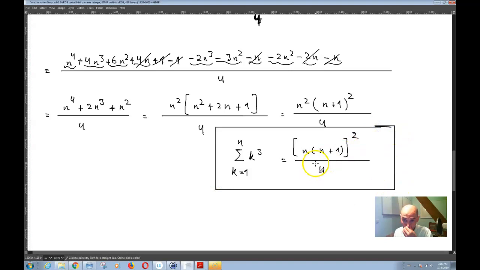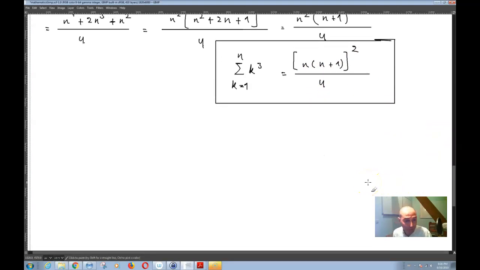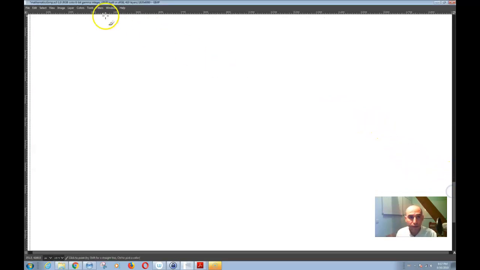So then basically, in short, we got 3 formulas here. Let me show you the 3 formulas. We already wrote them in 1. In short, sigma k, as k goes from 1 to n, is equal to n times (n plus 1) divided by 2.